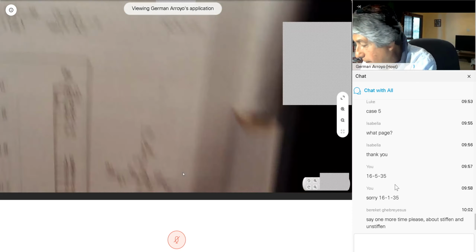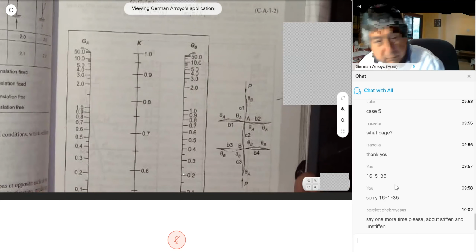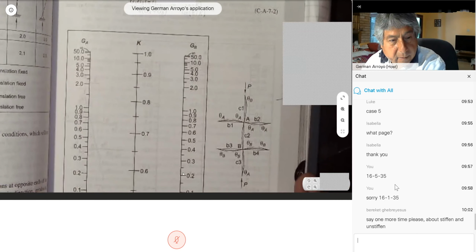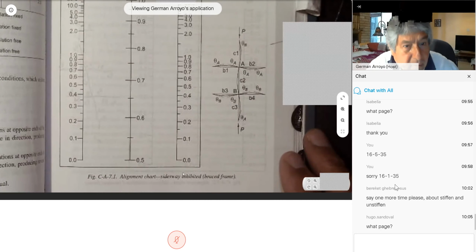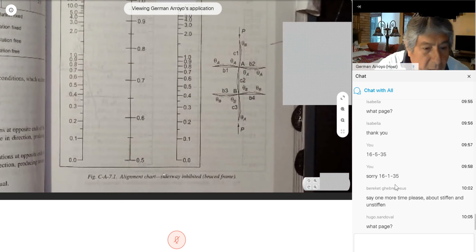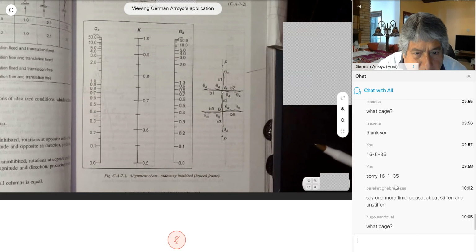Whenever we have frames, on the next page, 16.1571, whenever you have a frame with no lateral movement, a braced frame, you can see a braced frame in here that the joints do not translate.